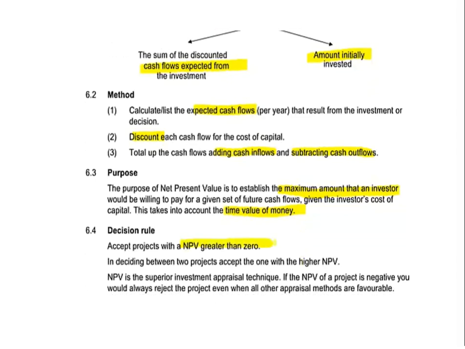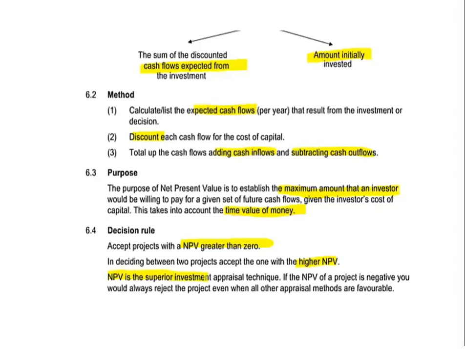If the NPV is greater than 0, then the project is worthwhile at that discount rate. And the higher the NPV, the more worthwhile it is. So if you're choosing between two projects, you need to choose the one with the highest NPV. And these factors make it the superior or the best investment appraisal technique that we have.